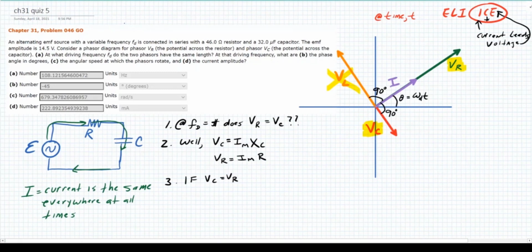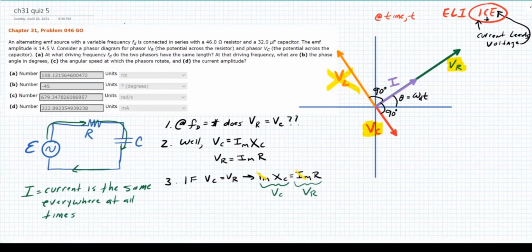Then I_m times X_C equals I_m times R. Low-hanging fruit: I_m cancels with I_m.